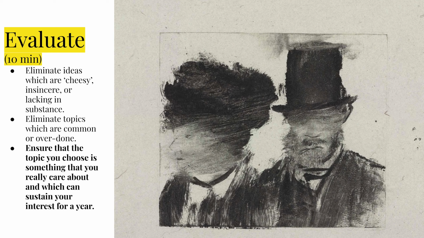I think what could be potentially problematic might be something like dogs, because dogs are so commonplace in households. I wouldn't want to see a portfolio of like 8 portraits of cute dogs. That's lacking substance.